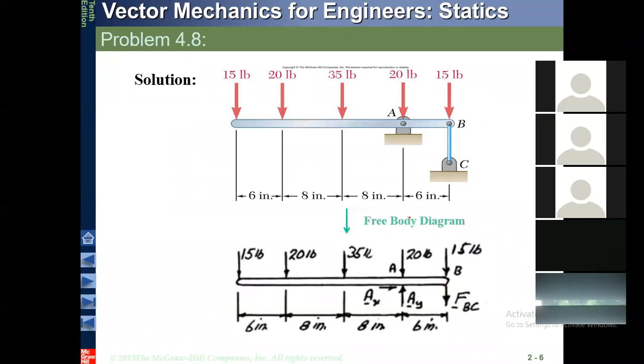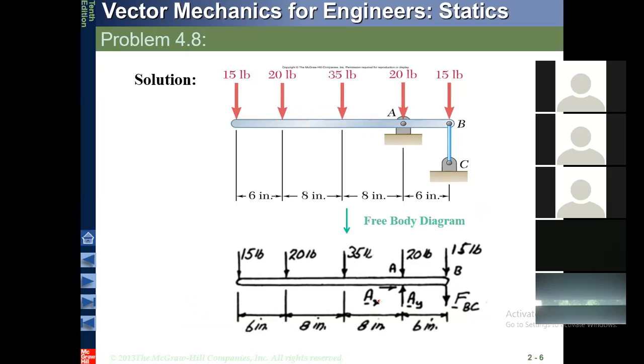So if you draw the free body diagram, at point A, this is a pin support, so there are 2 constraints, one in X direction and one in Y direction. And you also have a tension here at cable BC. So you have 3 unknowns, and you should write 3 equations to solve them all.